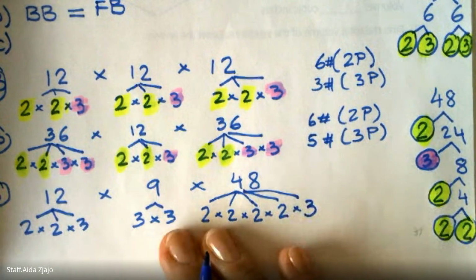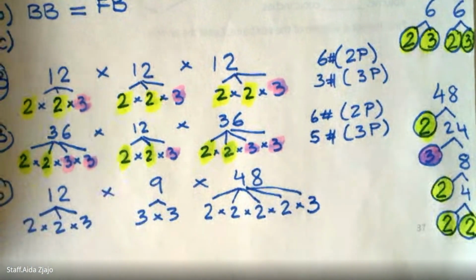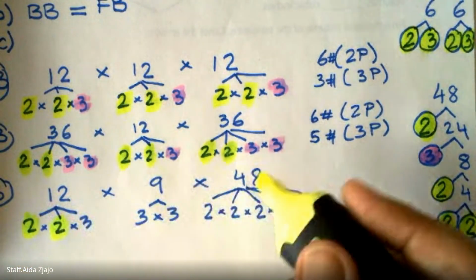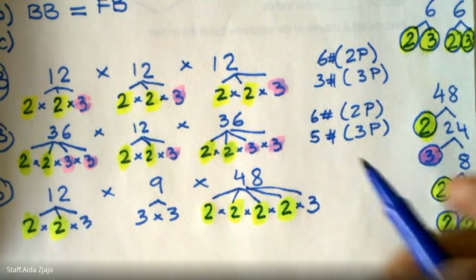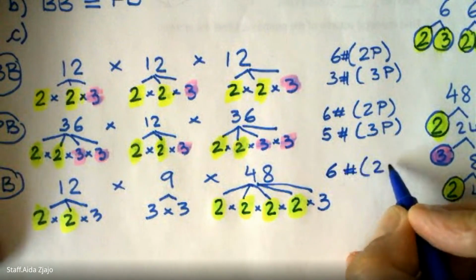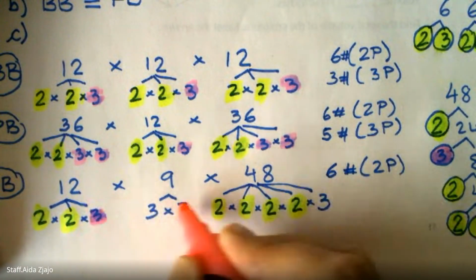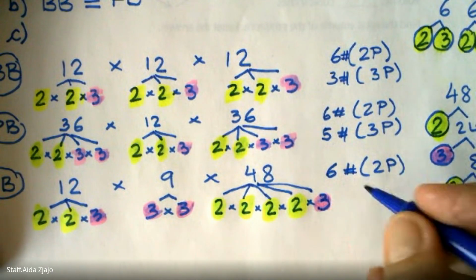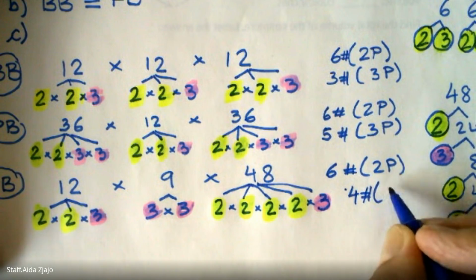So now when we are looking for the lamp box, it has altogether 6 numbers that are prime 2, and it has 1, 2, 3, 4 numbers that are prime 3.